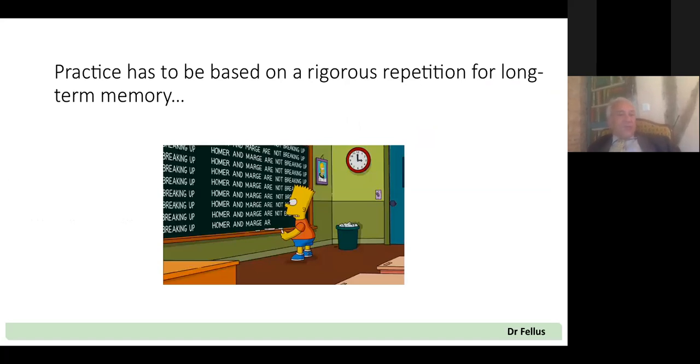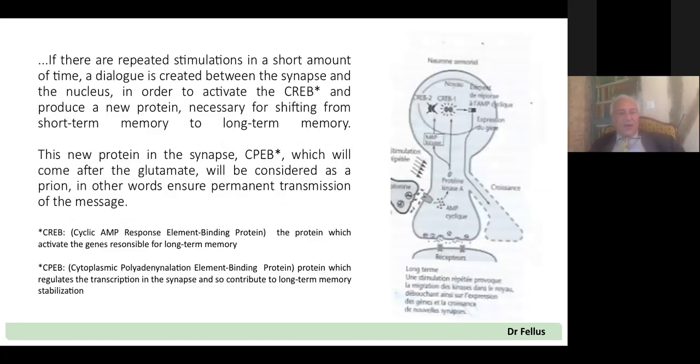And only practice can change and send this new program into the long-term memory. And when there is this repetitive stimulation in a short amount of time, that means that a re-education with a speech therapist must not only be once a week, but every day, and at least 2 or 3 times with a speech therapist.